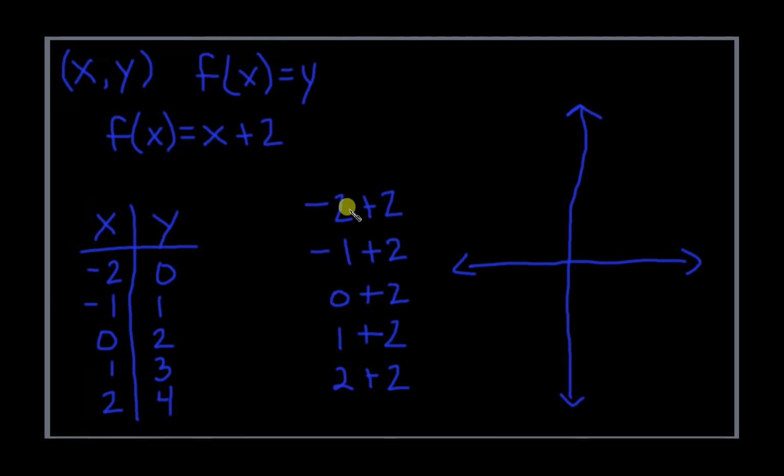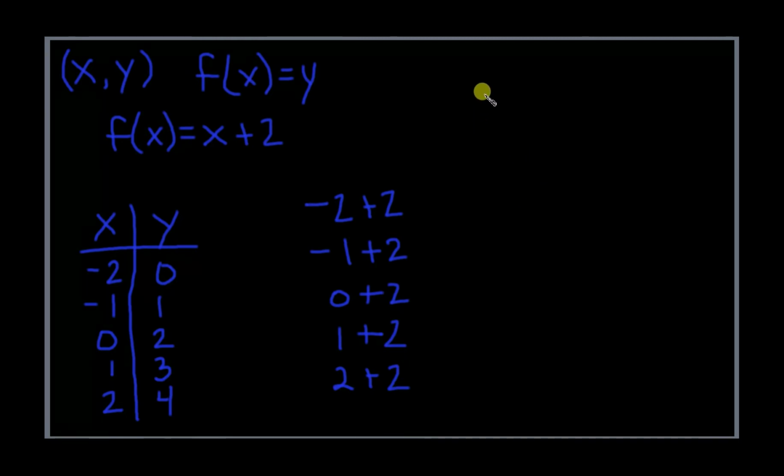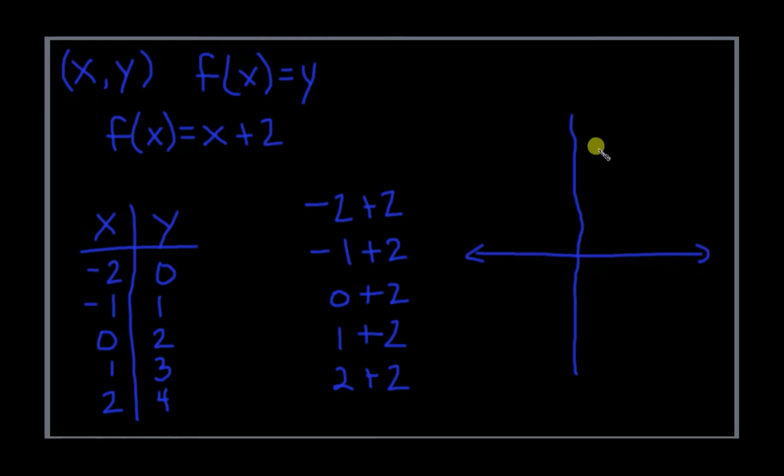However, let me refix this here. I don't like that that's crooked. Let me try to draw a straight line here. That is terrible. Okay, that's straight enough. All right, so my horizontal lines are much better than my vertical lines.